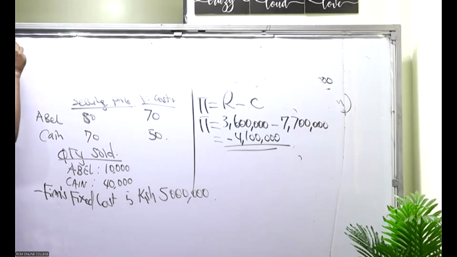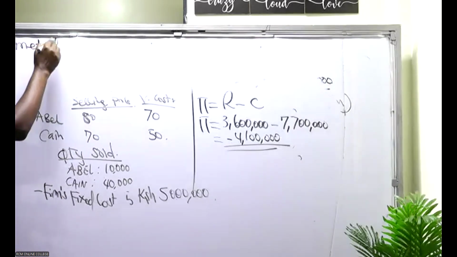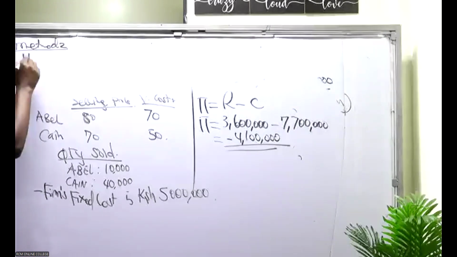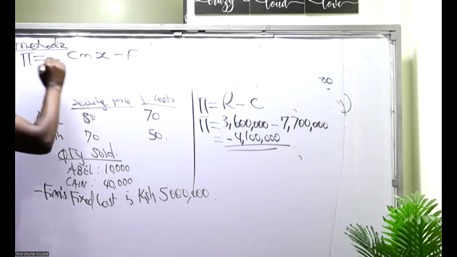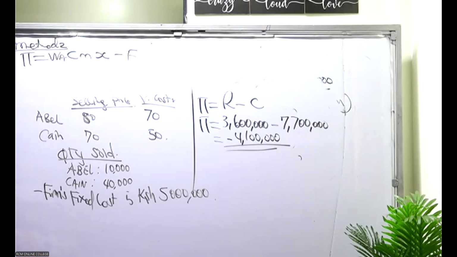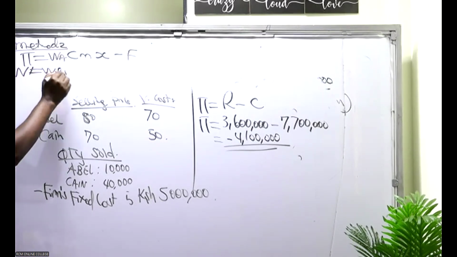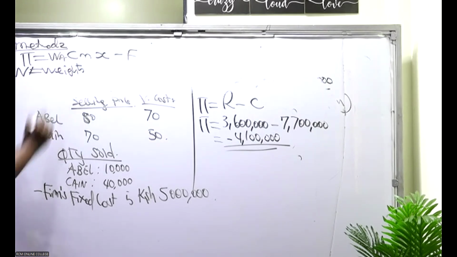I would have said profit is CM times X minus F, and then I add this WACM. Remember that these are weights, with W standing for weights.